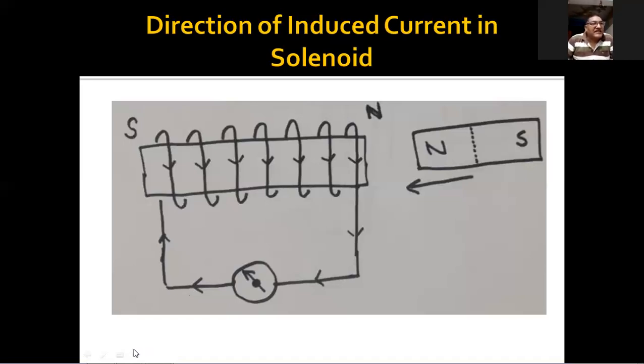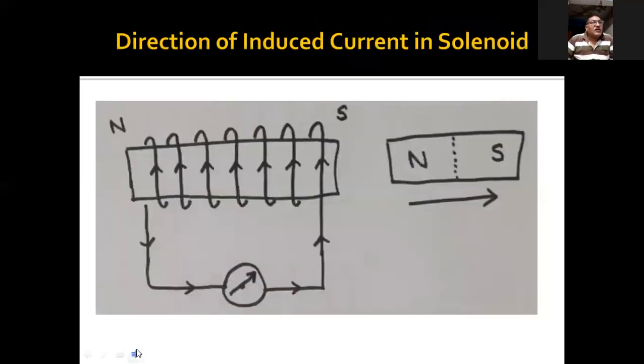Let's consider another example. Here again is the same situation. I have this solenoid, and the solenoid is connected with the galvanometer. When there is no current induced in the galvanometer, the pointer of the galvanometer will be in the center.